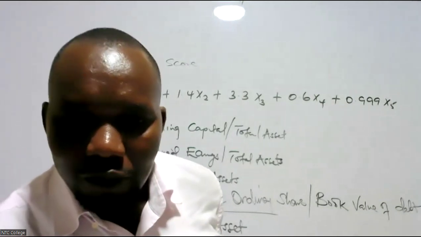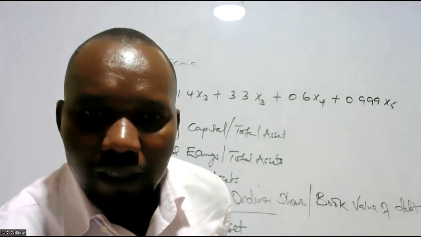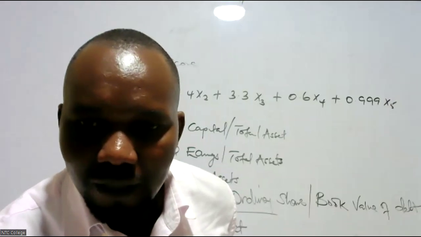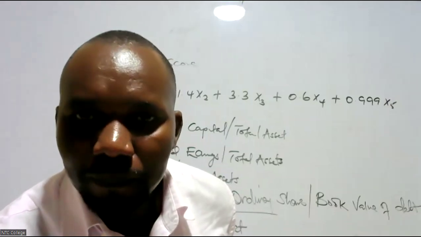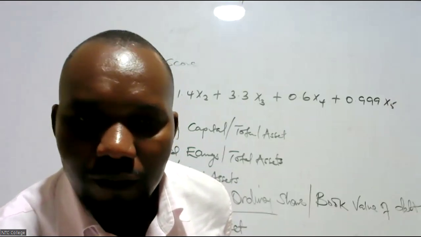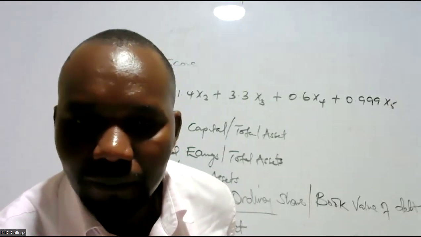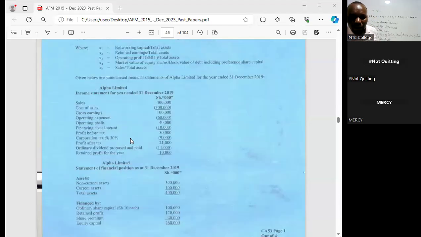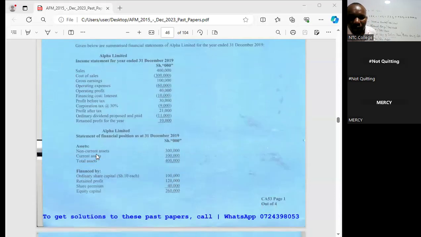Now, after giving you all this information, the information is very simple here. Let me share the screen with you. After giving you the income statement, which is this one, so that you can get more information from here, they have also given you the financial position.